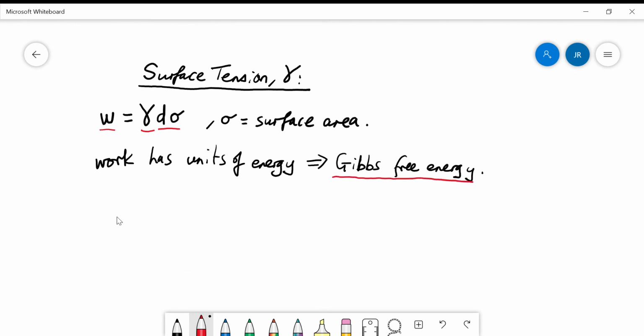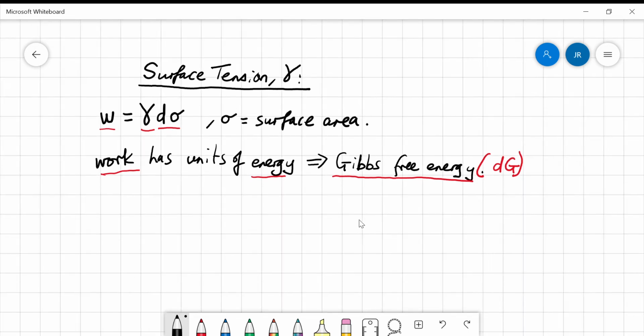Work has units of energy. So I'm going to say dG, specifically the change in Gibbs free energy, that's where I'm going to be interested in. And we'll see why in a second. We're going to use some powerful language.